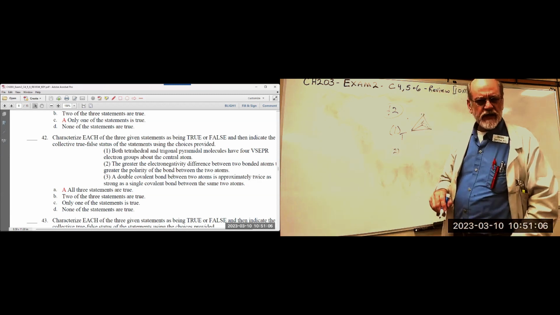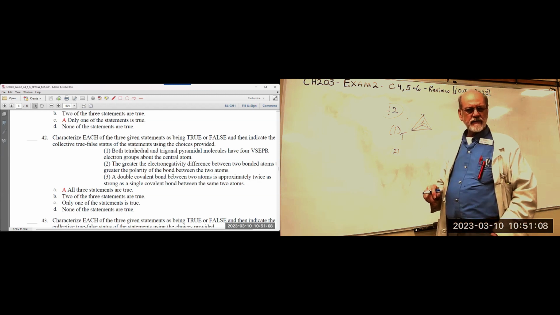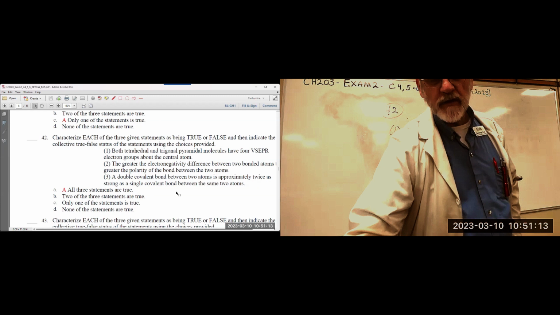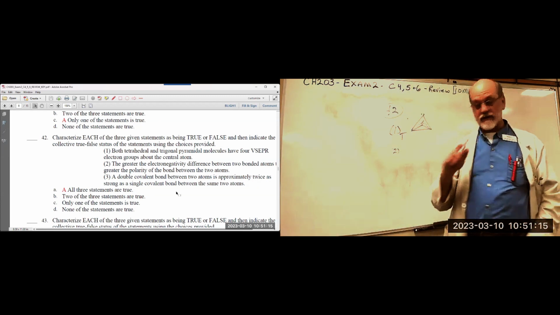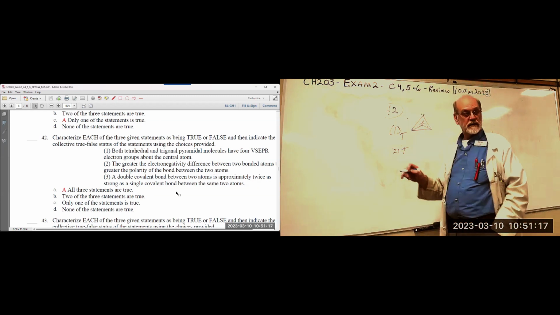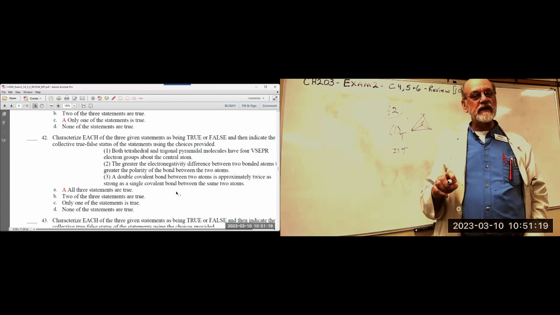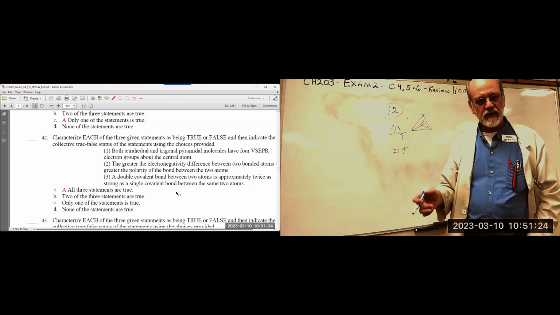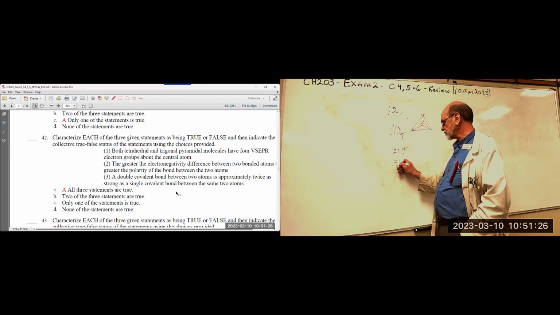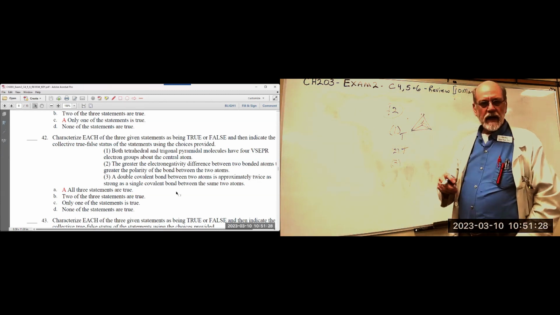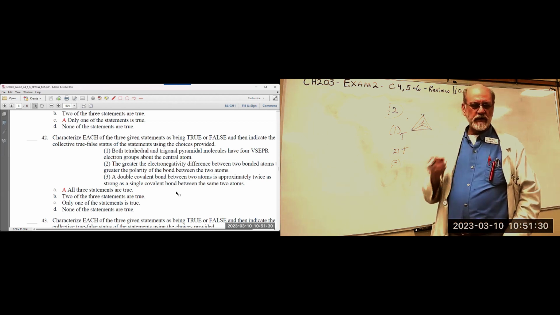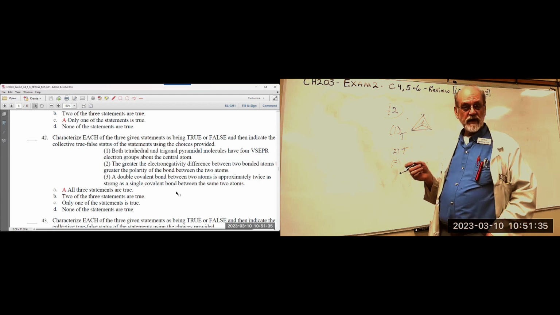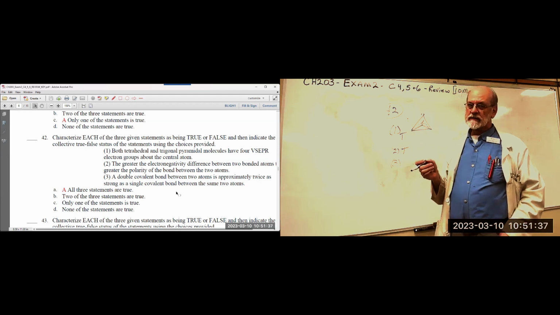The greater the electronegativity difference between 2 bonded atoms, the greater the polarity of the bond between the 2 atoms. That's true. Differences in electronegativity assign polarity to a bond. And 3, a double covalent bond between 2 atoms is approximately twice as strong as a single covalent bond between the same 2 atoms.